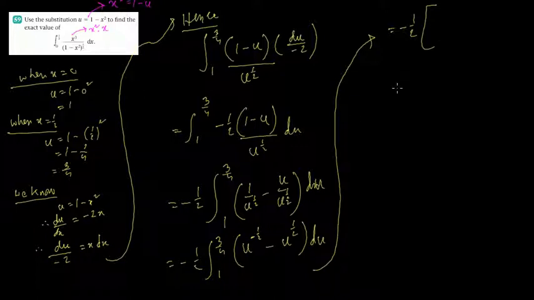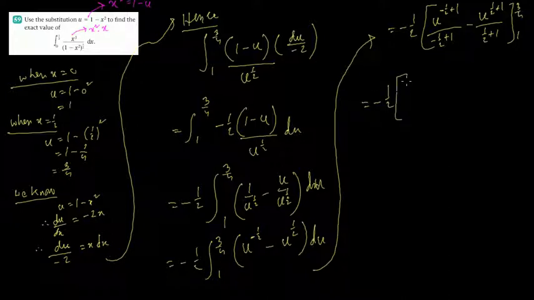The integration of u to the power minus half is u to the power minus half plus 1 divided by minus half plus 1, minus u to the power half plus 1 divided by half plus 1, and the limit is 1 to 3 by 4.